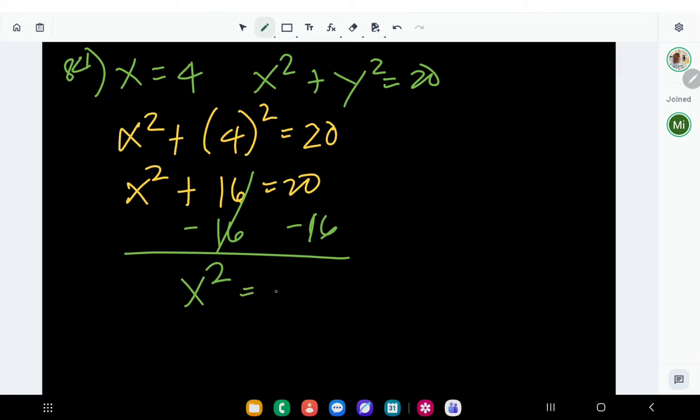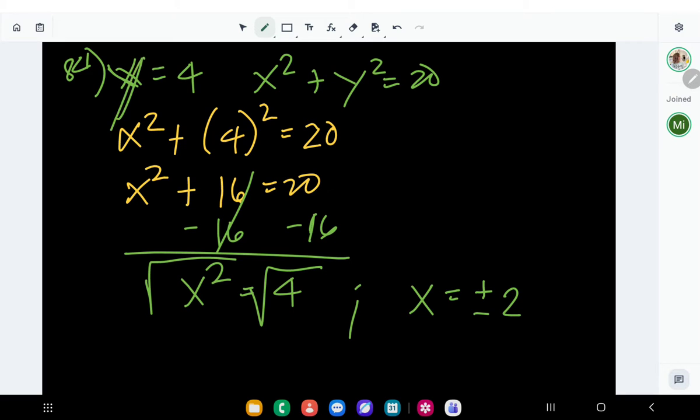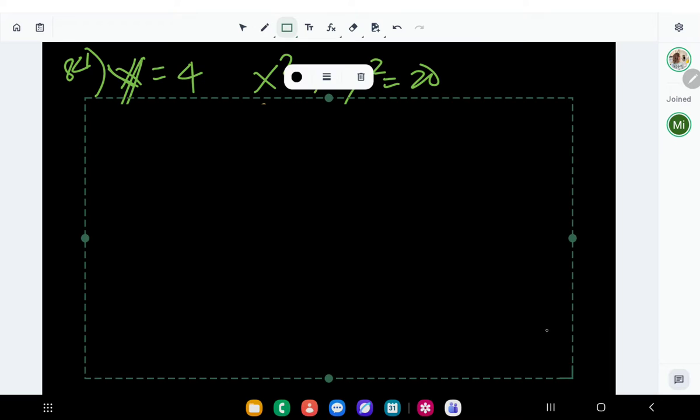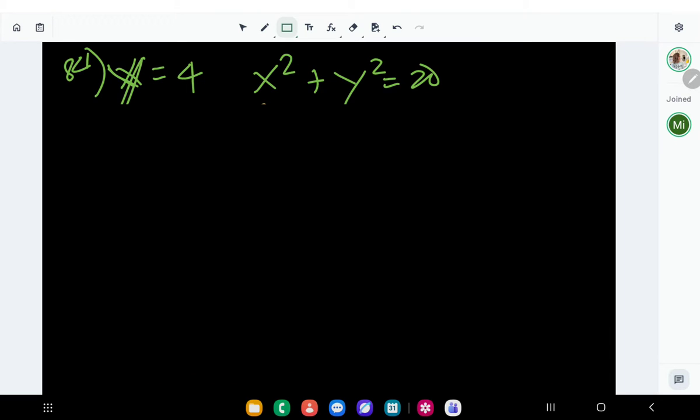Then you get the square root. Yeah. This is y. Oh no, this is x. Oh no, we made a mistake. Okay. Oh yeah, because we are so used to the y. It's x. X equals 4.